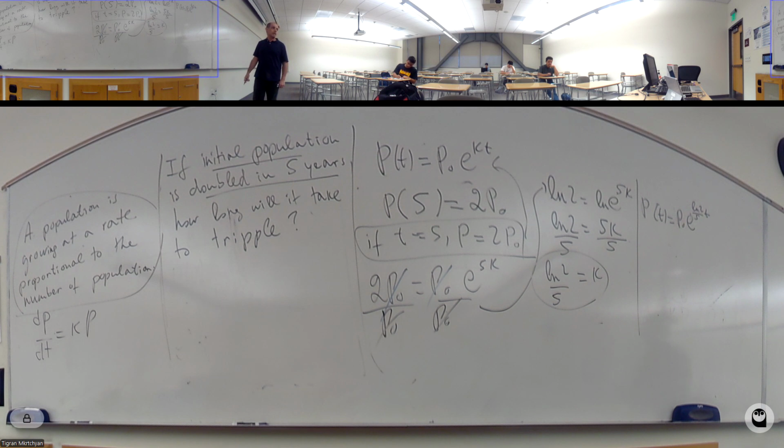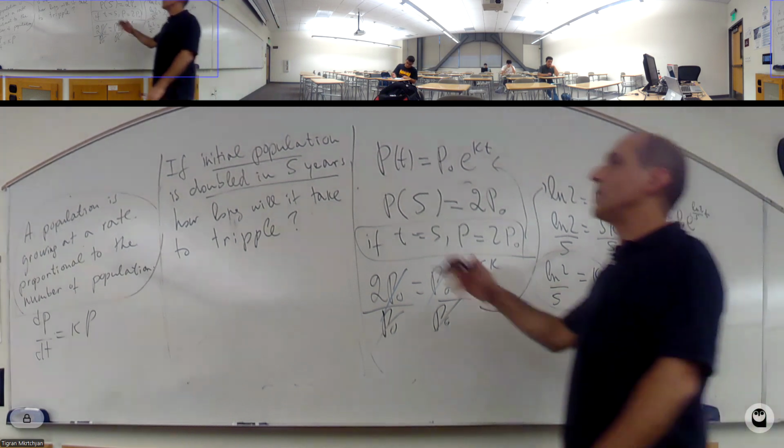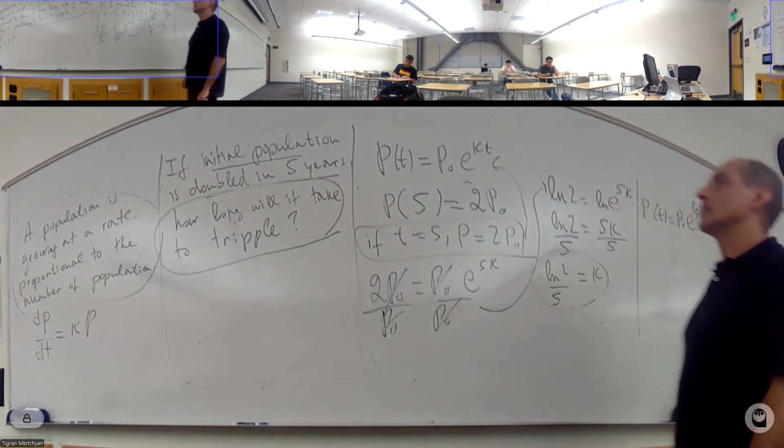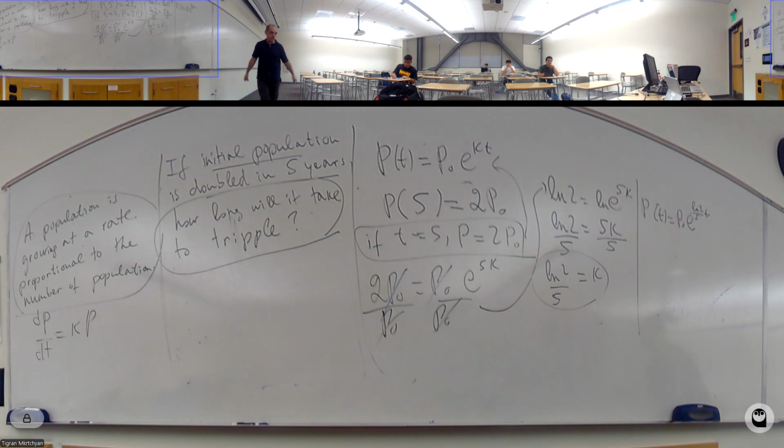So we got a k. How do we answer this question? How long will it take the population from the initial stage to triple? From the beginning. We have to plug in something.